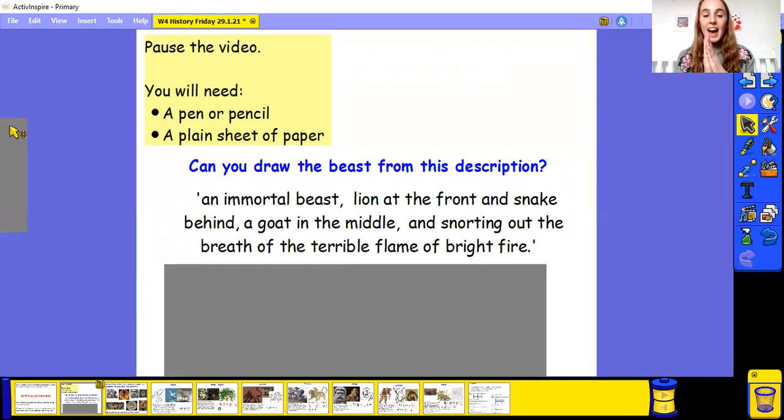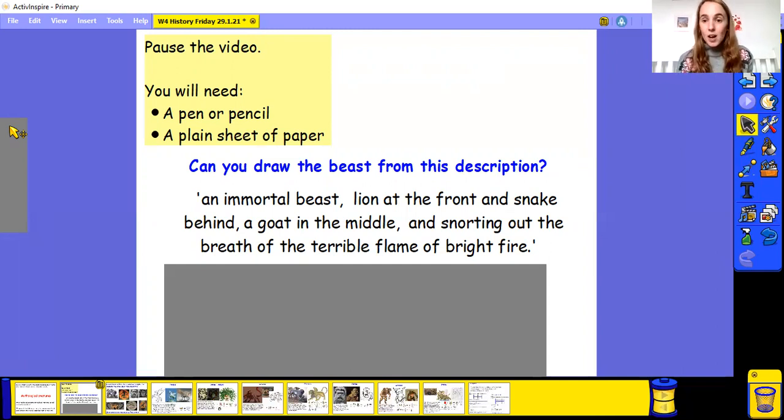And snorting out the breath of a terrible flame of bright fire. So your creature needs a lion's body at the front, a snake's body at the back, a goat in the middle, and it needs to be breathing out a flame of fire.